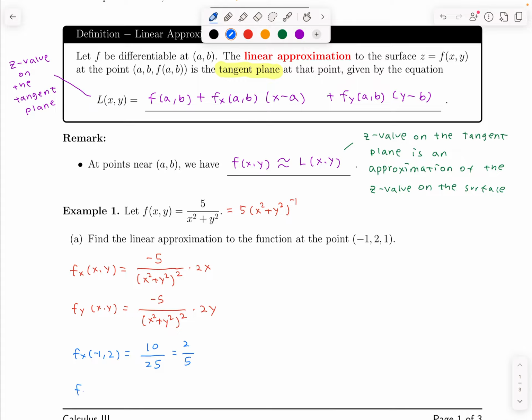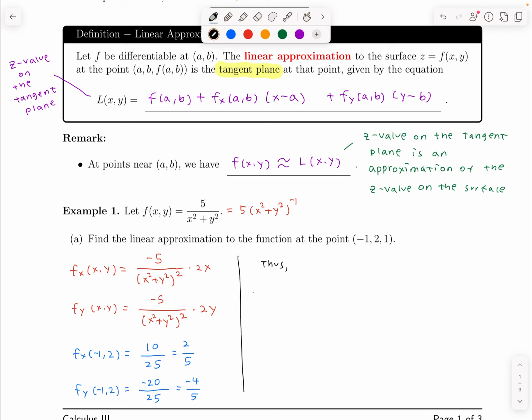And f sub y right here will be 25 in the denominator, of course. And then we have a -5 times 4, so -20. And when you divide both top and bottom by 5, you have -4 over 5. Okay, -4 over 5.